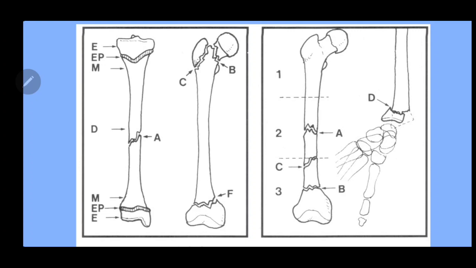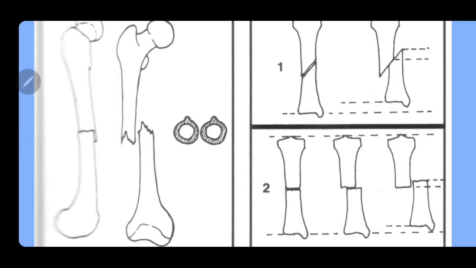As well, we should consider the displacement of a fracture. Generally speaking, if the fracture is not displaced, we should just immobilize it with a cast or brace. But if the fracture is displaced, we should reduce it.